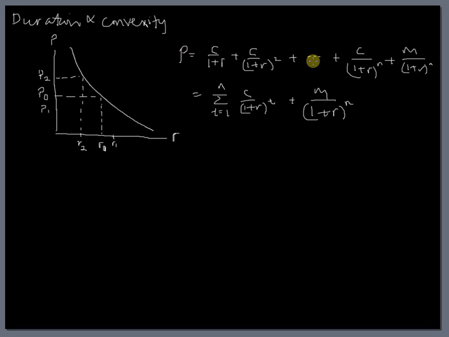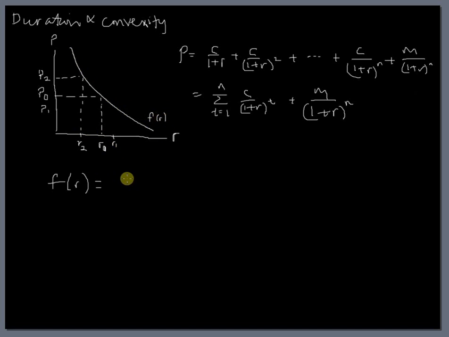To go into duration and convexity, we need to know a concept called the Taylor expansion. You can go and Google it, but I'm not going to prove the Taylor expansion now. Basically, what the Taylor expansion says is that, assume that you are given a function f.